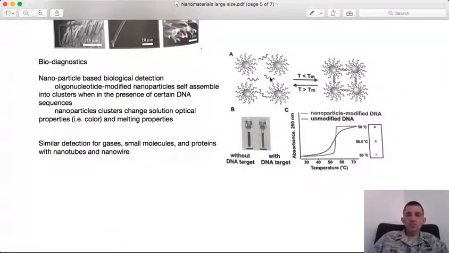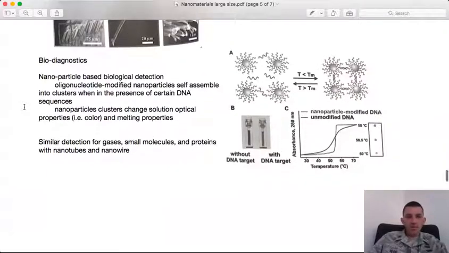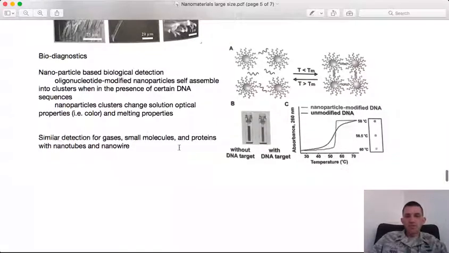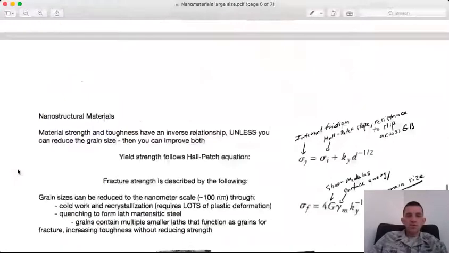At any rate, the presence of a certain biological marker can produce this easily identifiable change, and that's the basis of a very simple diagnostic tool. And so you can detect gases or small molecules or proteins, and so on, just based on the details of how you build these nanostructured materials.